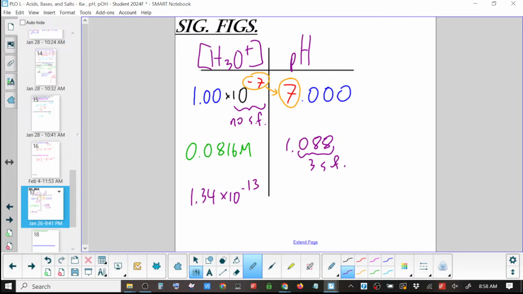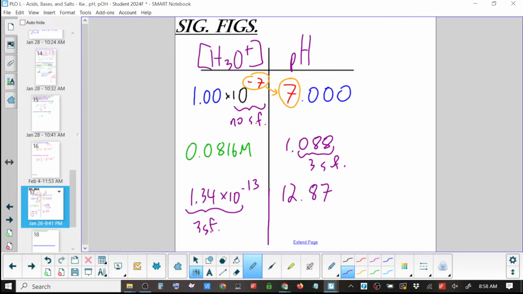Samuel. 12.87. How many sig figs does this number have? Well, 2 that are going to be used for the pH. No. This is 3. 3 sig figs. So this column has the same rules you've always learned since Chemistry 11.